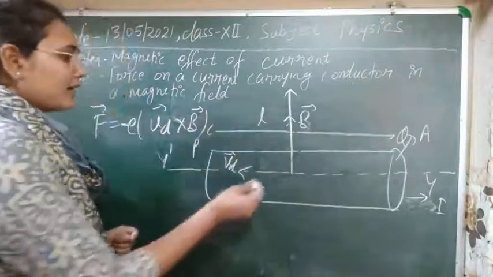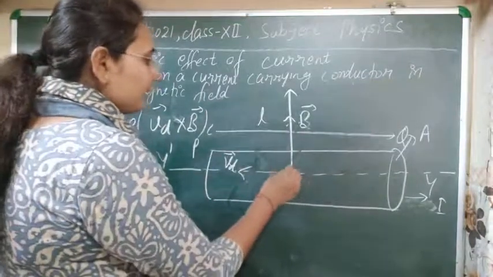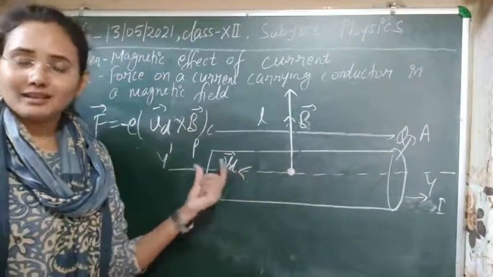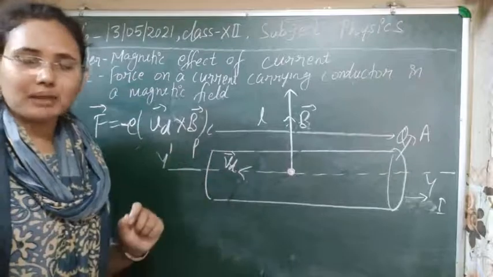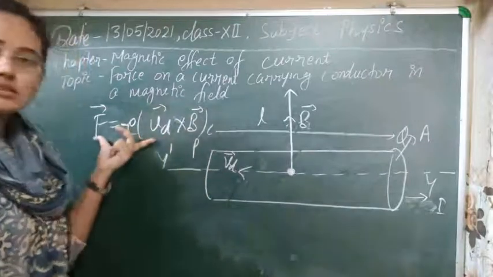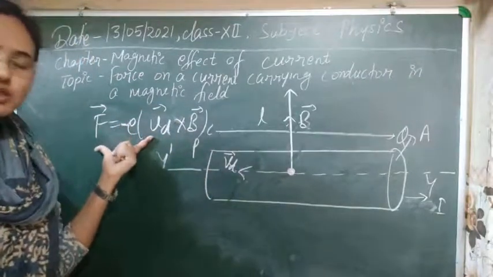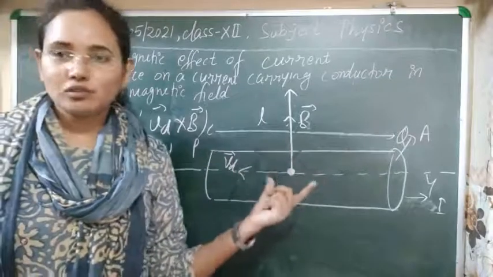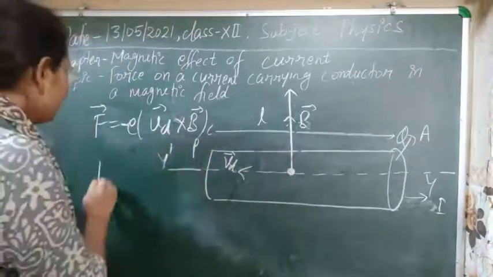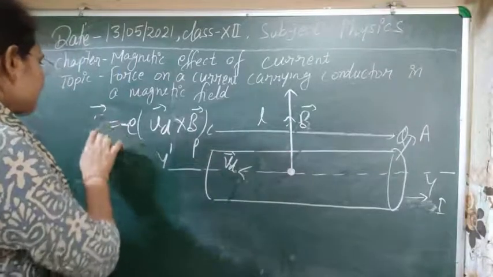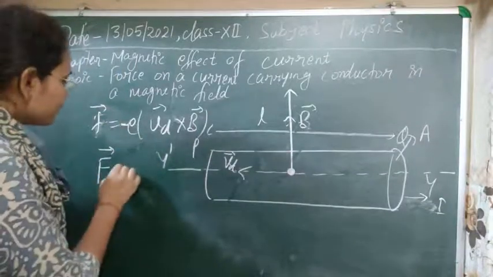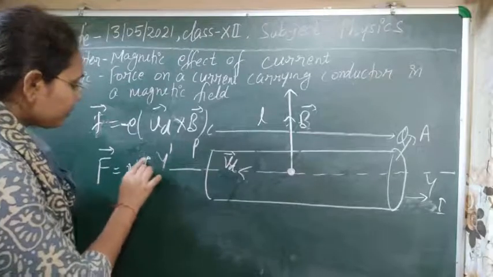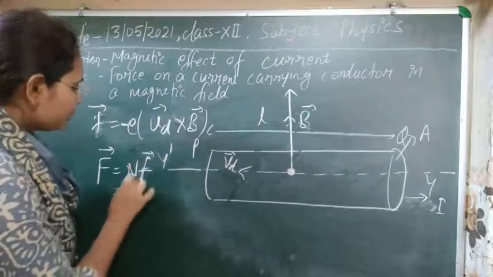Obviously you know that it will experience a Lorentz force whenever any charged particle enters a magnetic field. Due to this force experienced by every electron, suppose we have n number of electrons, and suppose this is small f, then the total force experienced by the n electrons will be nf.